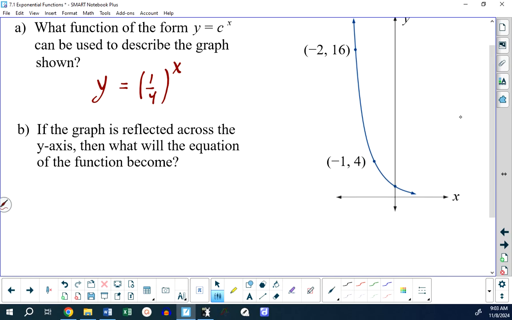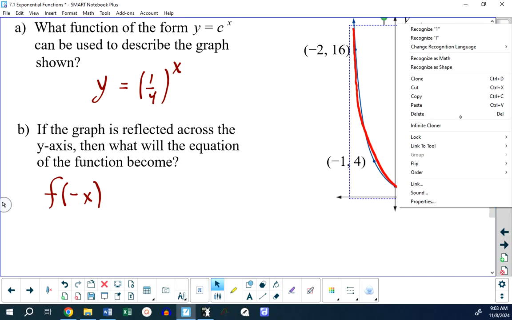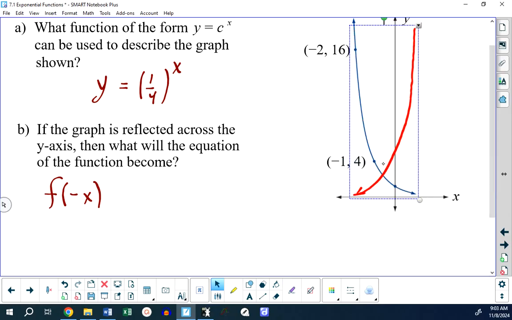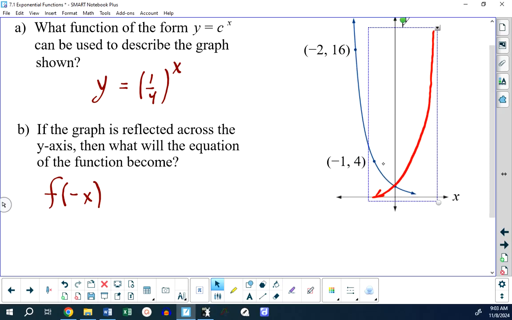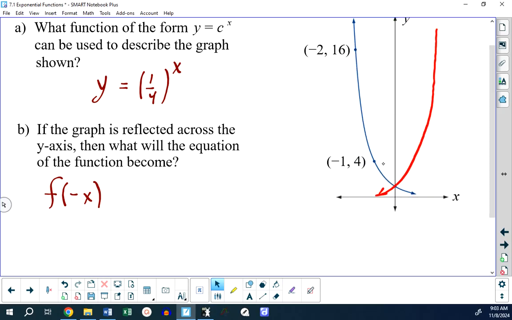If the graph is reflected across the y-axis, which is a horizontal reflection, what will the equation of the function become? Well, it will become f of negative x. I hope you see that if I reflect this across the y-axis, it is going to become that. Would you agree?